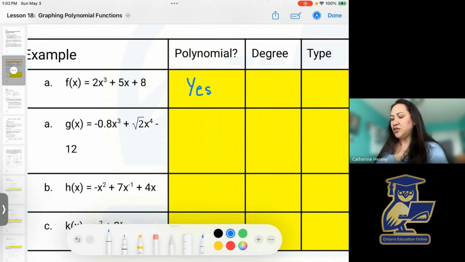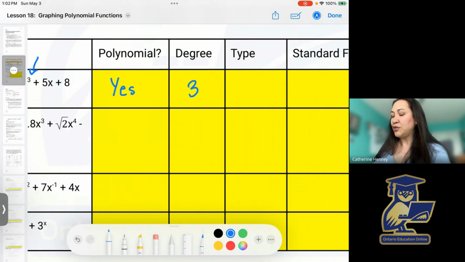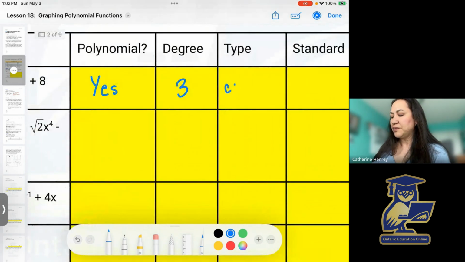And then the highest degree usually comes in the first term. So that is 3. If you go to the chart above, you'll see that a degree of 3 is cubic.